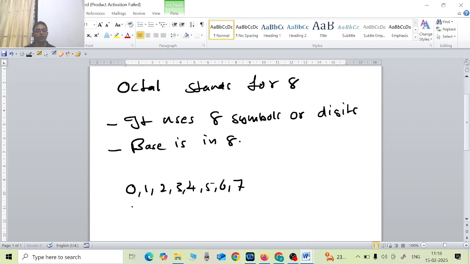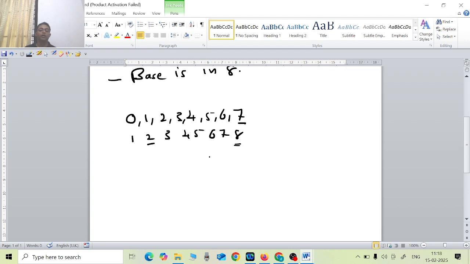So we know it is 8 symbols. 0 is the first one, then 1 is the second one, and 7 is the 8th symbol. So an octal number will look like this: 153 to the base 8.